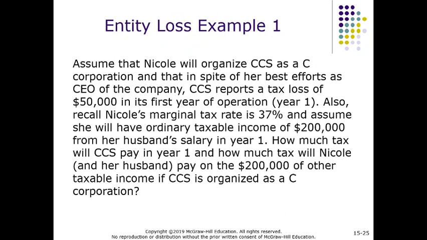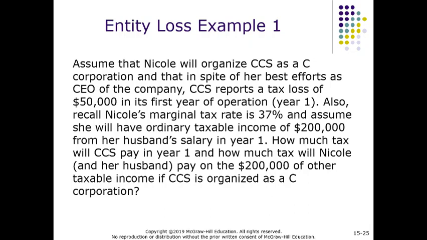All right, so assume that Nicole will organize CCS as a C Corp, and in spite of her best efforts as CEO of the company, CCS reports a tax loss of $50,000 in its first year of operation.